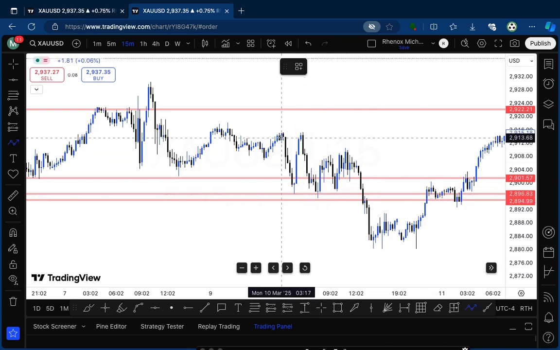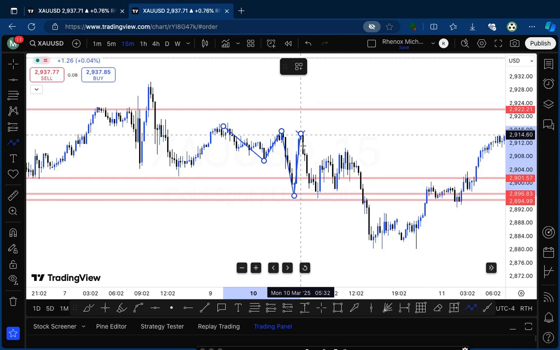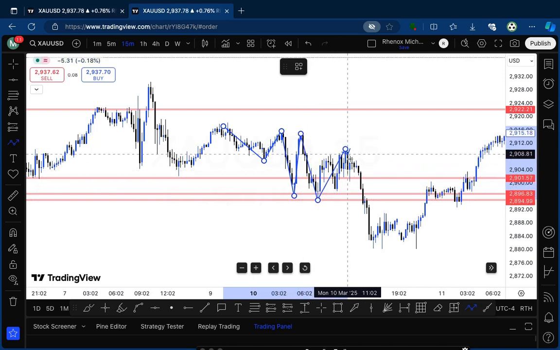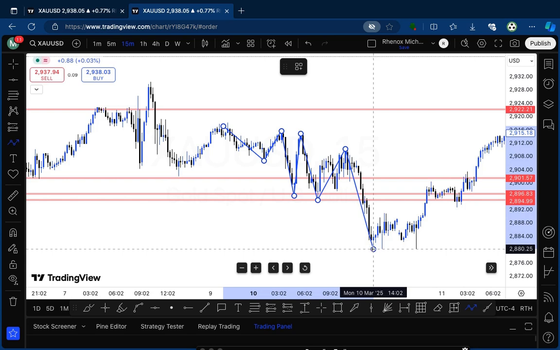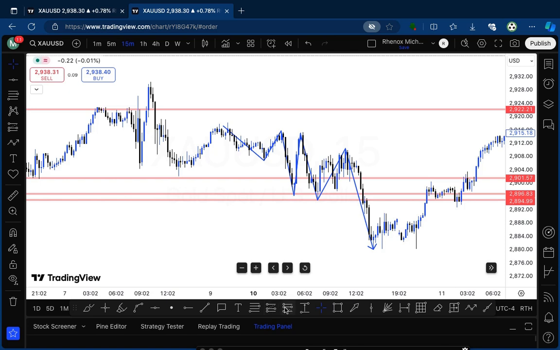Now you notice when price drove down here, we had a comeback, a reaction, a drive down again, a reaction again, and then a drive down again. So if we want to take our trades, we always want to wait for the pullback.